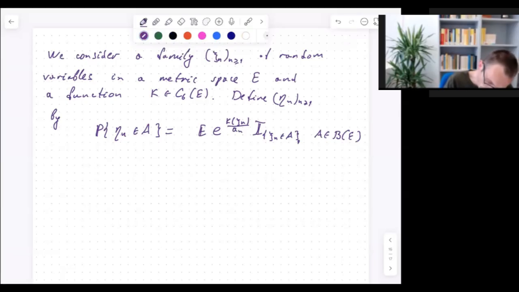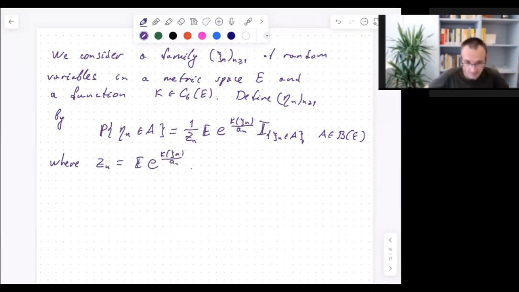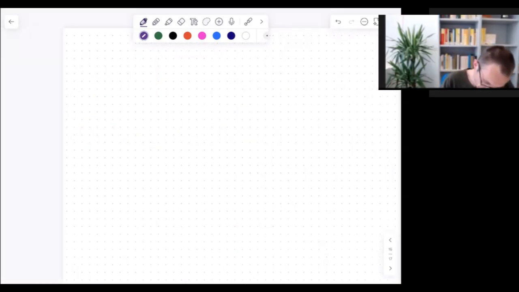Therefore, to have a probability distribution, you need to divide by this expectation. We will denote it Zn, where Zn is equal to the expectation of e to the power k of psi n divided by an. And now we want to formulate the statement. We want to know what the large deviation principle for eta is. It will be the following proposition.